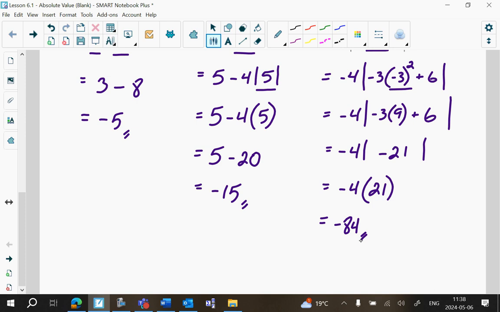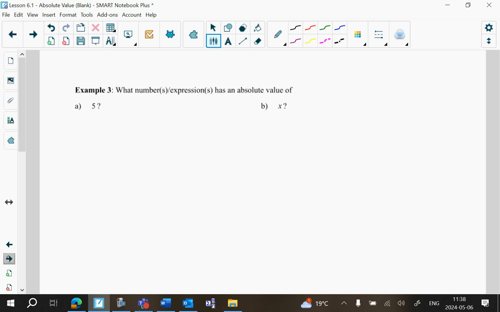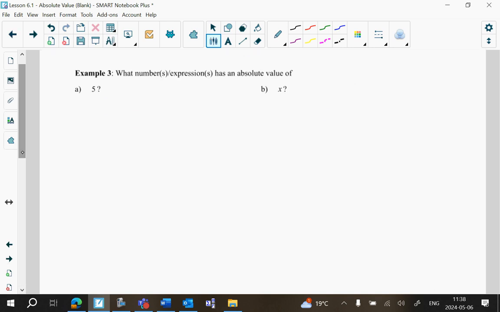And finally, what numbers or expressions have an absolute value of 5? Negative 5 and positive 5, right?